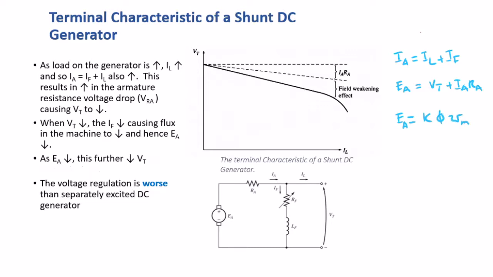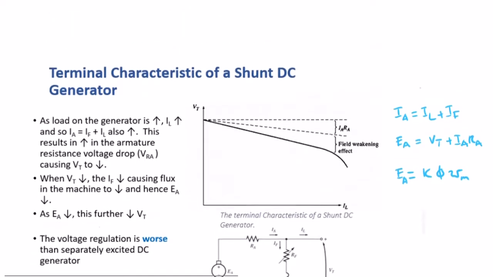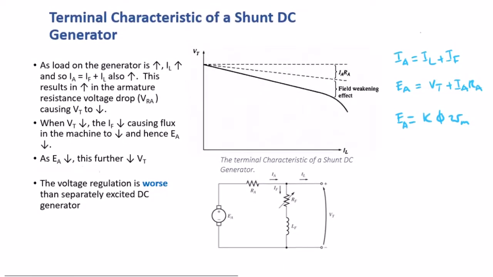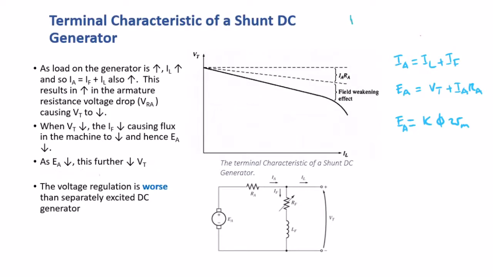Right. Okay, now as the load on the generator is increased, IL will also be increased. If you remember, when we talk about load, it is always proportional to the line current IL. So when the load is increased, IL also increases, and therefore IA has to be larger as well.